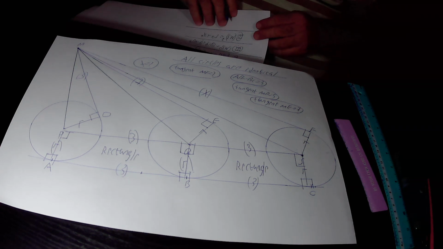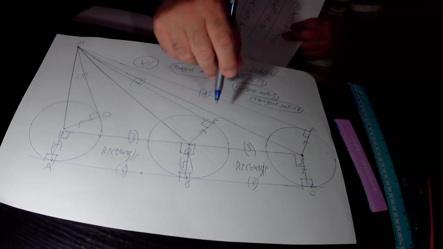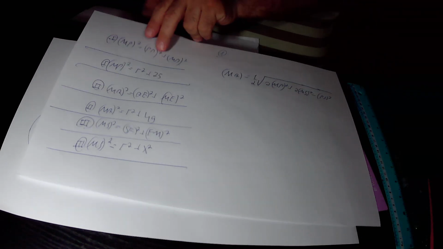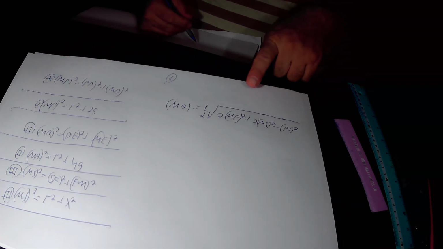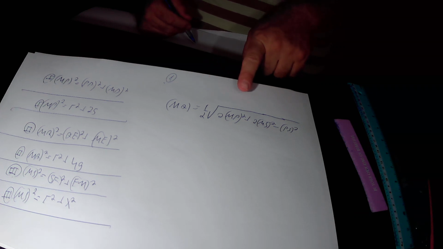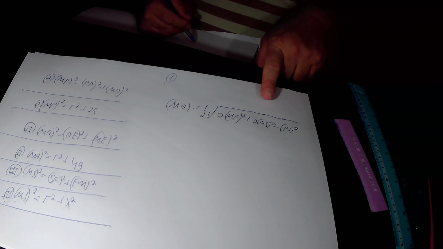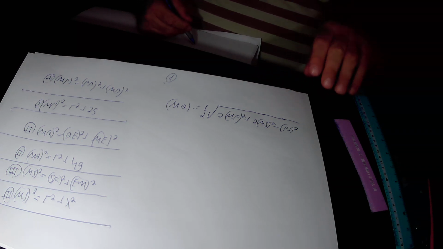So according to the new rule, MQ equals 1 over 2 times the square root of 2 times MP squared plus 2 times MS squared minus PS squared.